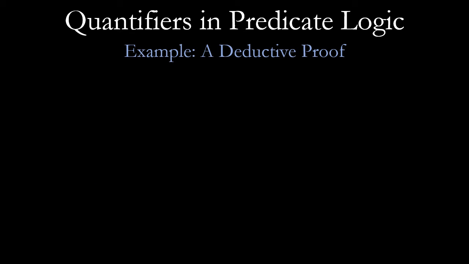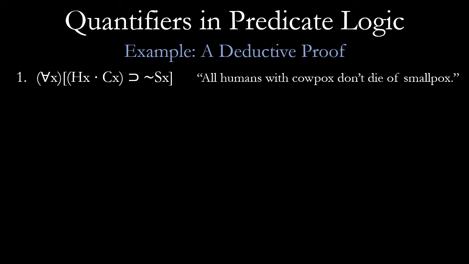All right, so let me give an example of a deductive proof that uses a couple of these implications. Let's say we have this statement: all humans with cowpox don't die of smallpox, right? So we've got for all x, Hx and Cx implies not Sx, right?